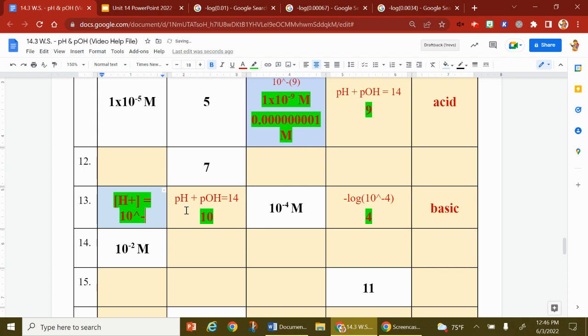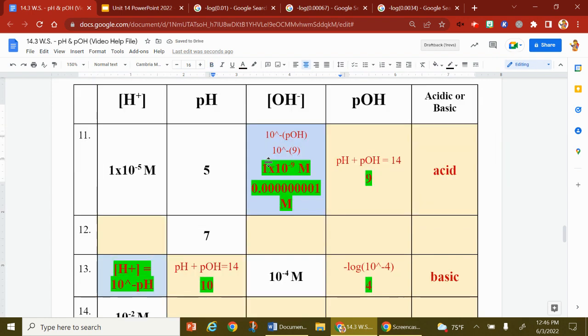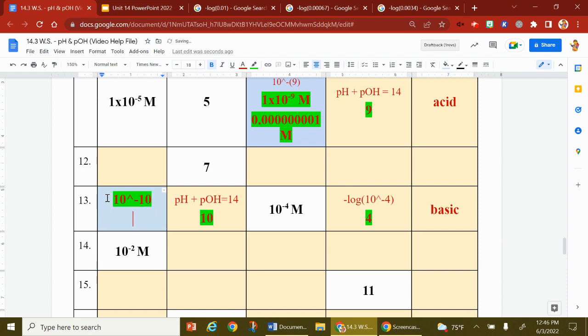It's going to be 10 raised to the negative pH. All right, cool. It's this equation right up here. So let's just do that. What is 10 raised to the negative 10? And the answer is 1 times 10 raised to the negative 10th. All right, that's it. That ain't so bad.